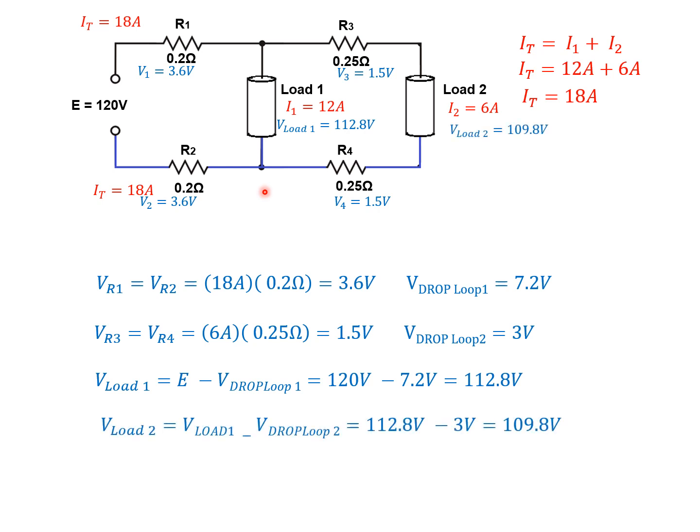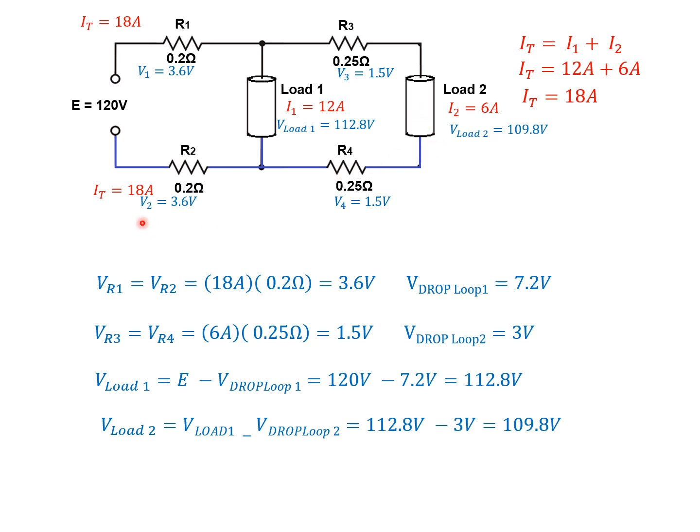In the back loop, I've got 6 amps flowing through my wires, dropping 1.5 volts each. But this back end is in parallel with load 1. So you can look at load 1 feeding this back branch. So 112.8 volts, take away 1.5 volts and 1.5 volts, 3 volts, is going to leave you with 109.8 volts in this second load.